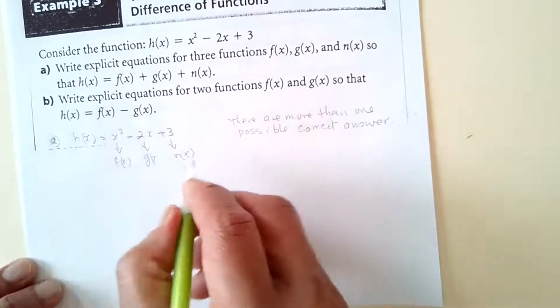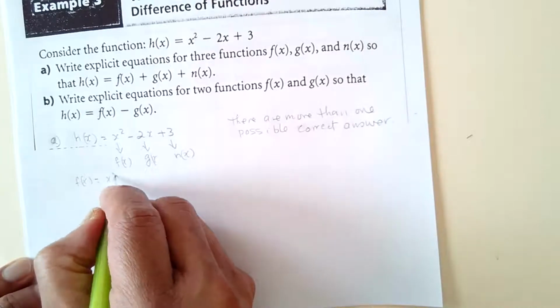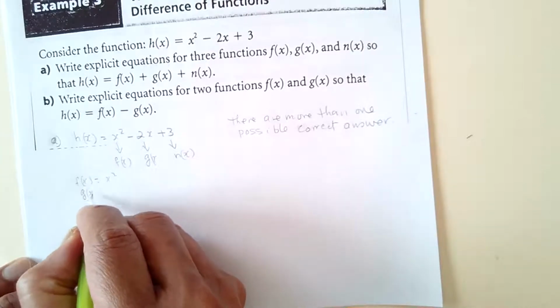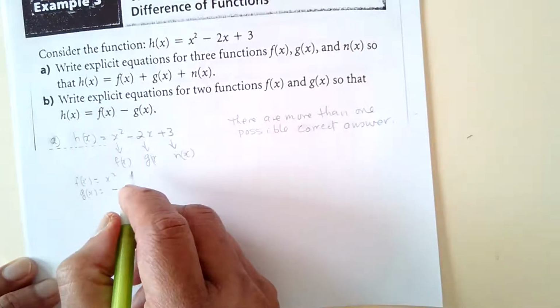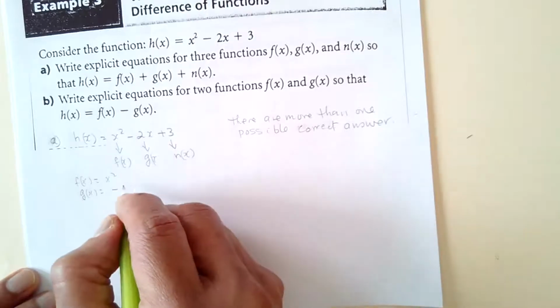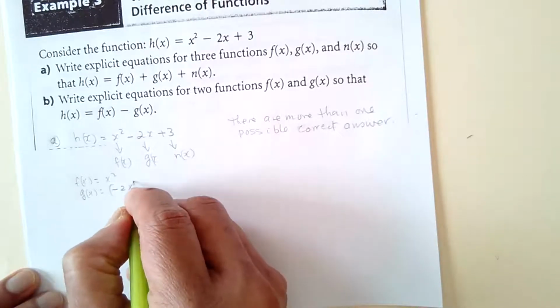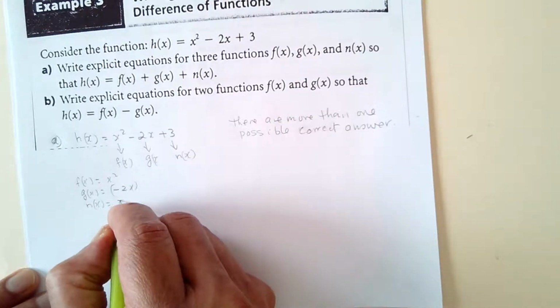So we can say f of x is equal to x squared, g of x is equal to negative 2x, and n of x is equal to 3.